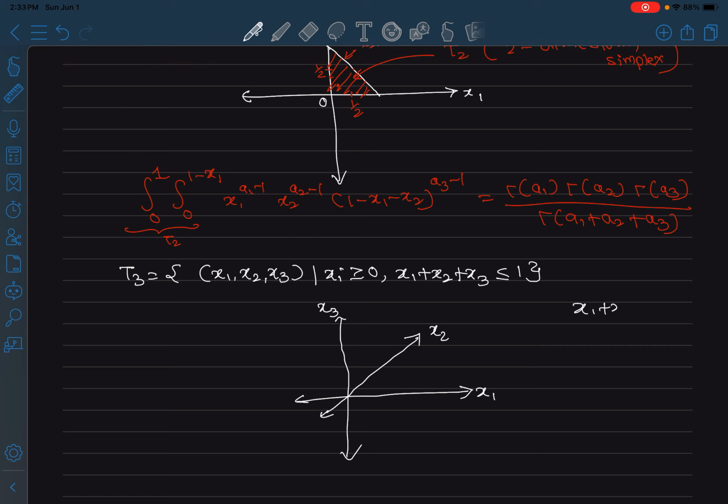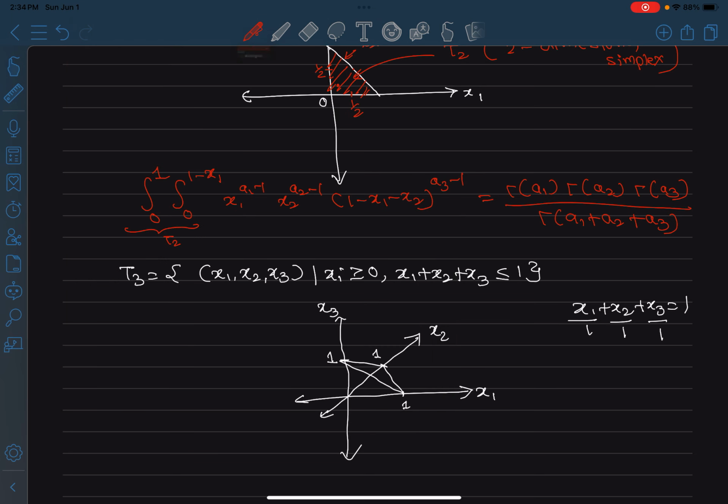Basically, if we take the equality and plot it, we can write it as x1 over 1, x2 over 1, x3 over 1, right? In this form, we know that the plane will intersect the axes at 1, 1, 1. So this is the plane given by this equation. And since this equation's region contains the origin, the region towards the origin will be our actual region.